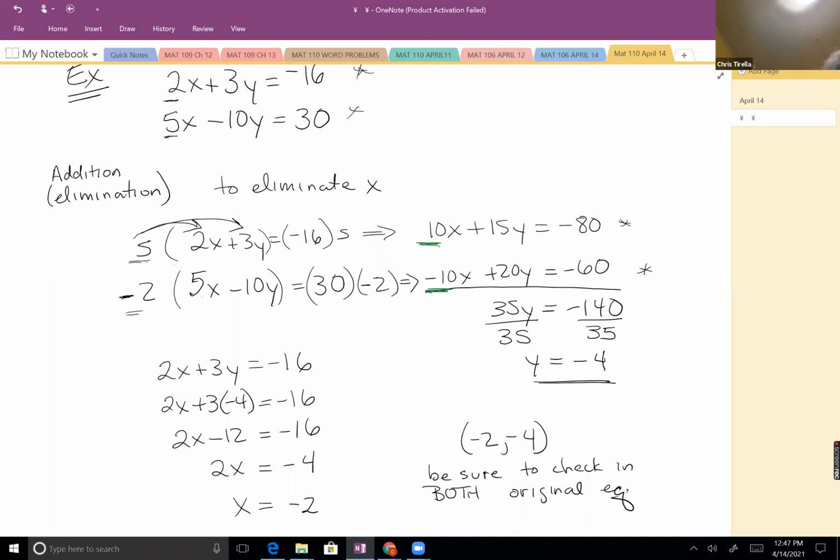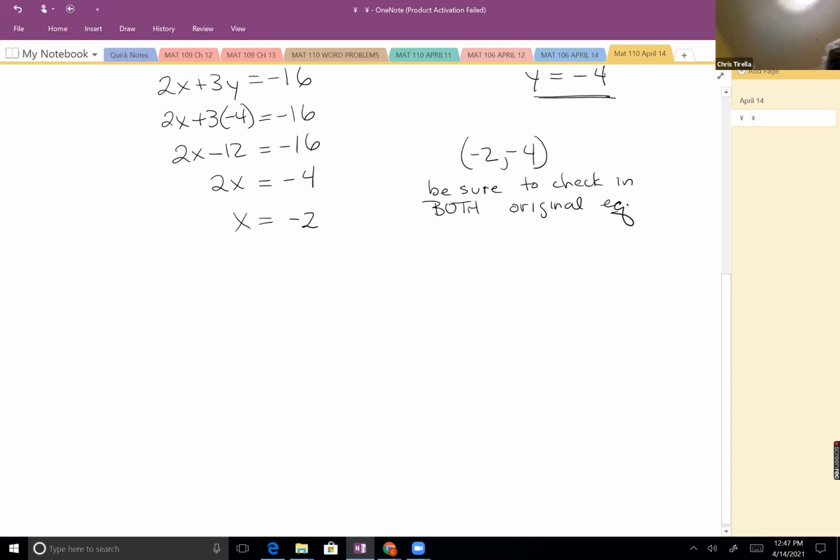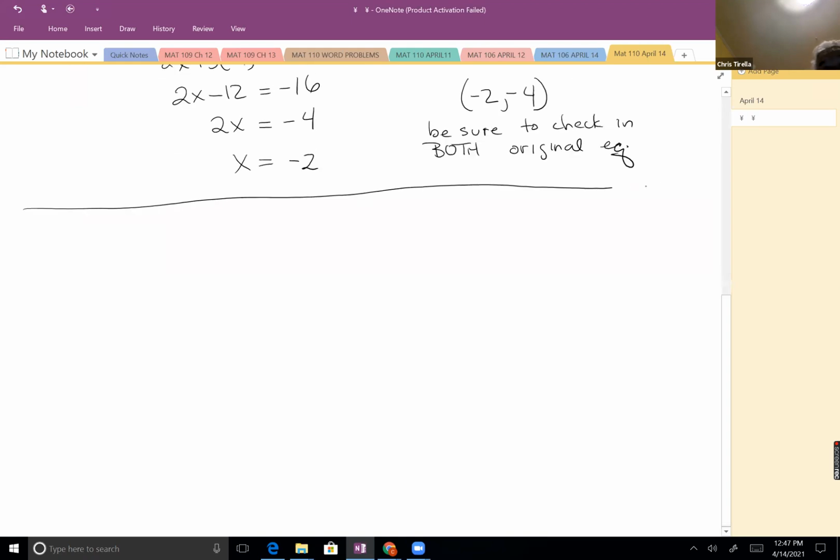Is that one all right? Not hearing any questions? And being lazy about the check, because I want to make sure we get to those word problems.